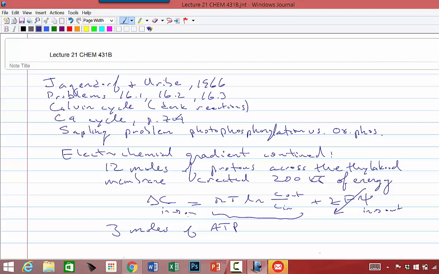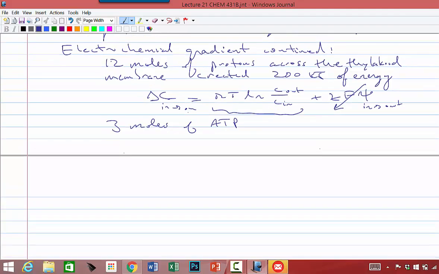And so you could actually calculate the percent efficiency of photosynthesis in terms of converting proton motive force into chemical energy. It is going to be equal to 3 times 30.5 kilojoules per mole. Actually, the moles don't even count here anymore because we've taken out 3.